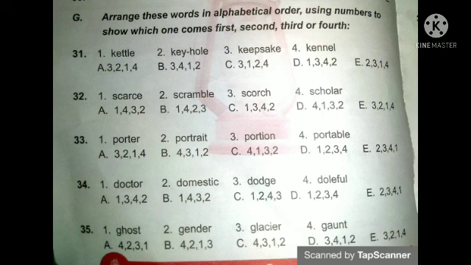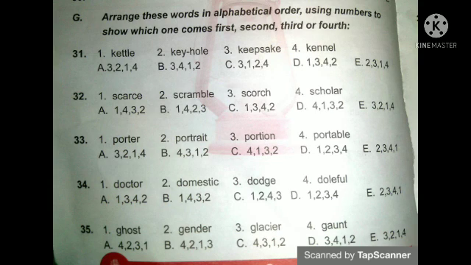The instruction says, arrange these words in alphabetical order using numbers to show which one comes first, second, third, and fourth. As we always do, you're going to read the words and find out whether we are working on the second letter, the third letter, or the fourth letter. Where we have different letters, that's where we are going to work.